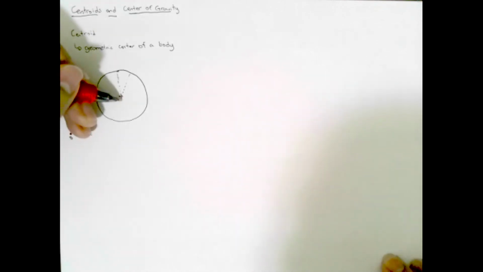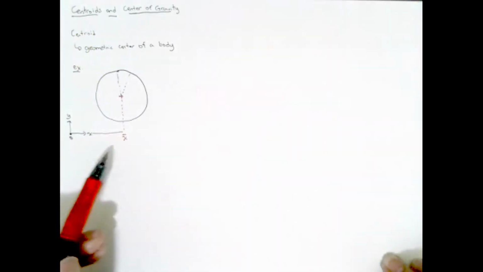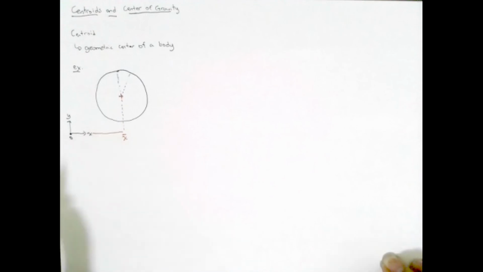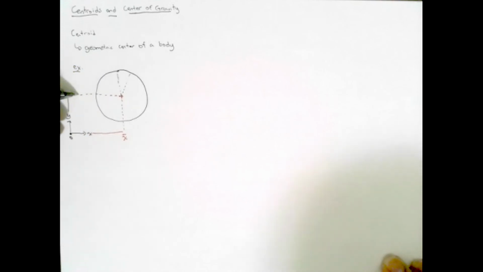What that means is that you're essentially going to have to give me this coordinate, from the origin to this location. Likewise, you can give me the y coordinate of the centroid, again, relative to the origin.